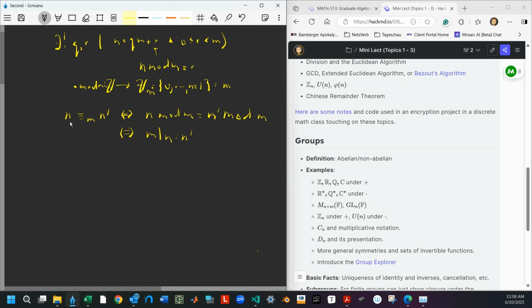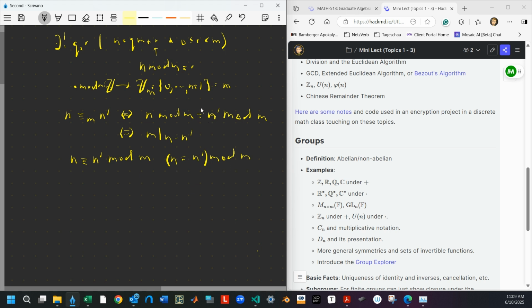We also write this in other ways, and one of the ways I write it is kind of confusing. One way that's not confusing would be n is equivalent to n prime mod m. That's a little easier to write, but these are equivalent. Unfortunately, in my notes I write n equals n prime mod m, which is really confusing, because you don't know whether this says n is the remainder, or whether I'm looking at the relation and applying mod m to both sides.